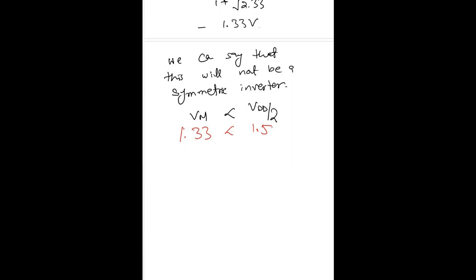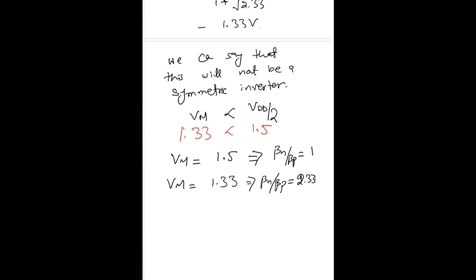One other thing that we have to observe is that our Vm in the earlier case was 1.5, and now we have Vm equal to 1.33. At that point our beta N by beta P ratio was equal to 1, but now beta N by beta P is equal to 2.33.